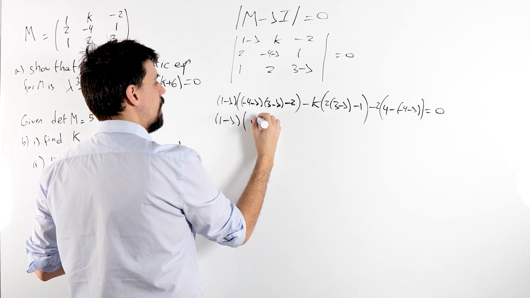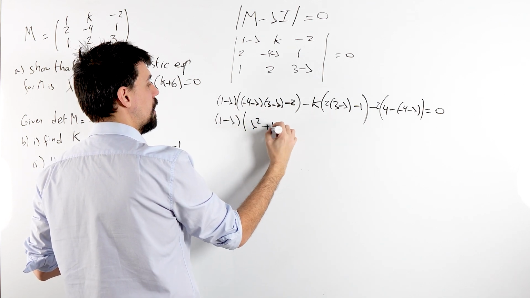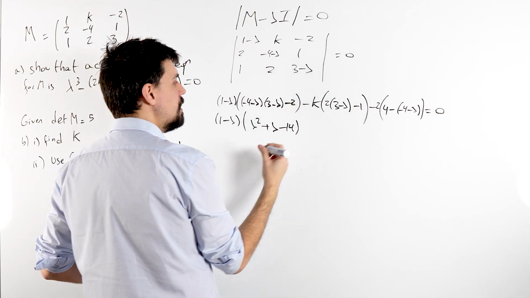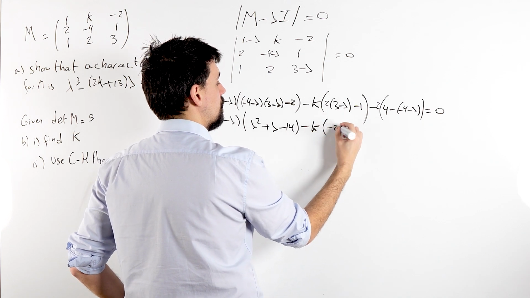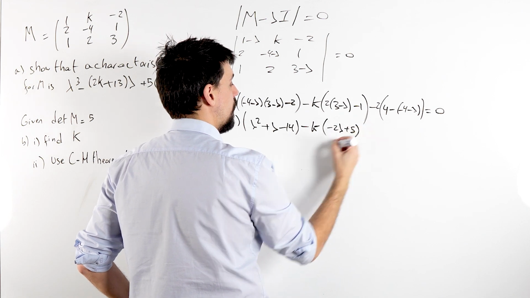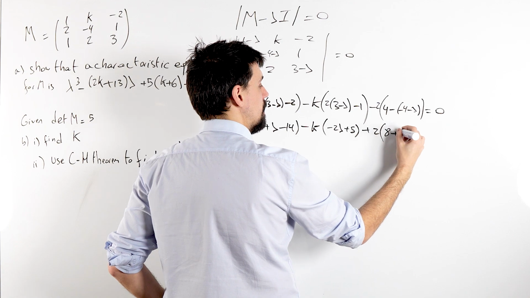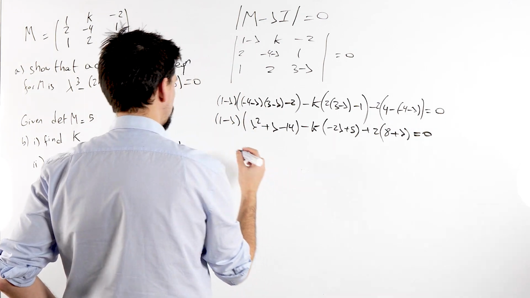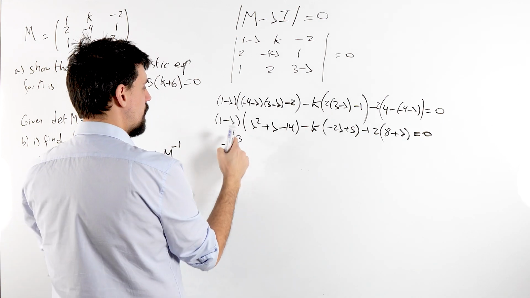What's this give me? Lambda squared minus 3 lambda plus 4 lambda is plus lambda. Minus 12 minus 2 is minus 14. Minus k times minus 2 lambda. 6 minus 1 is plus 5. Plus 2 times 8 plus lambda. All right. Minus lambda cubed.